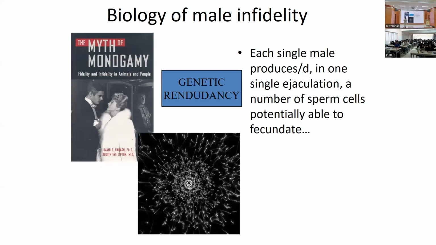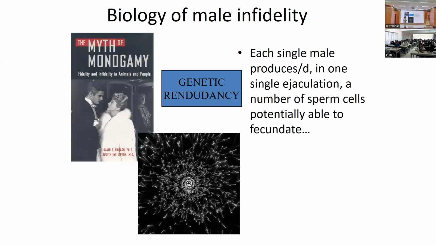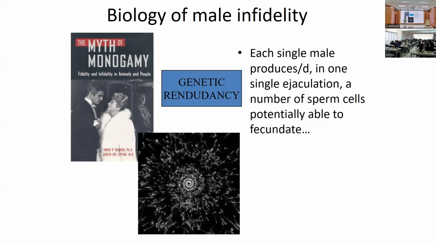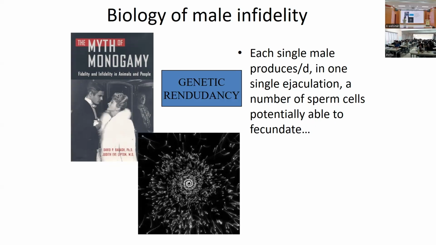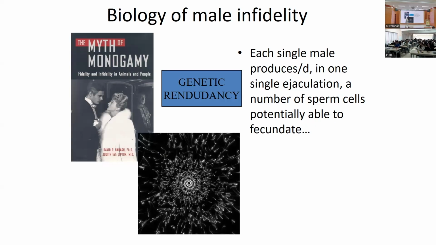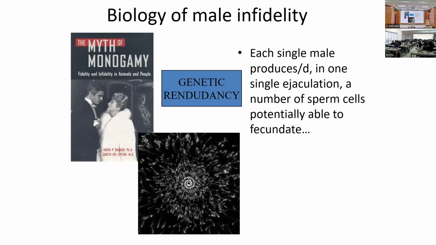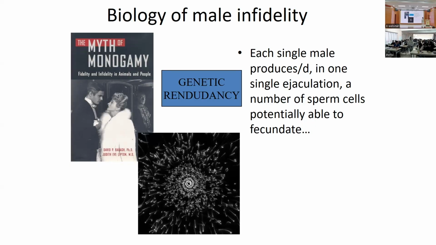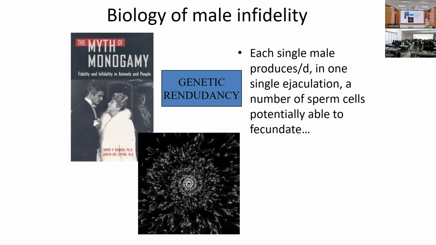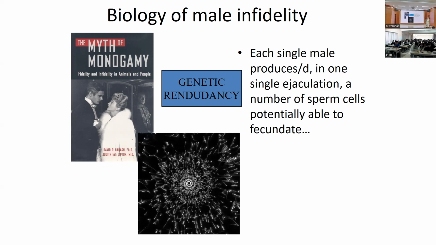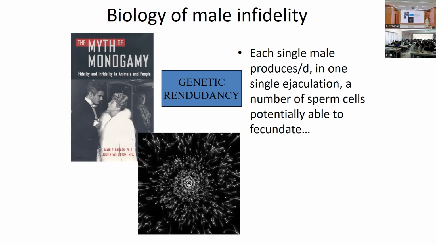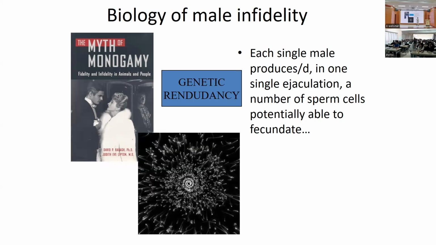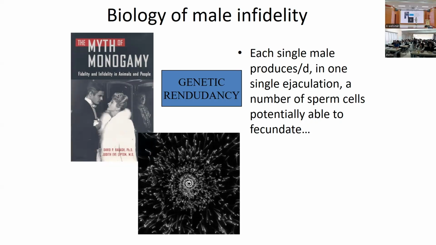But there are differences between male and female interest in having multiple partners. Let's start with the male, which is easy to understand. It is a matter of fact that the male is producing a huge number of spermatozoa.